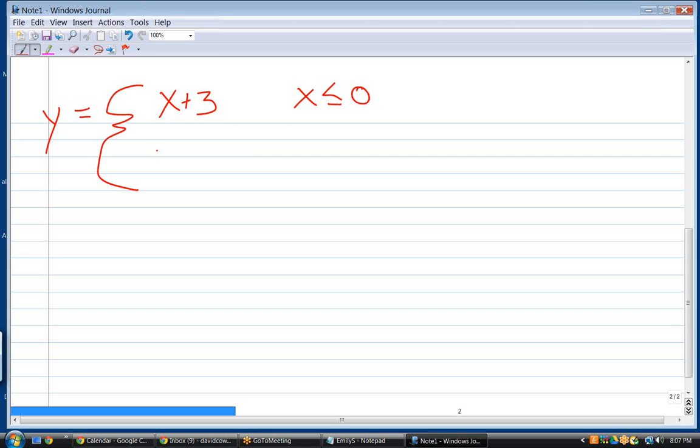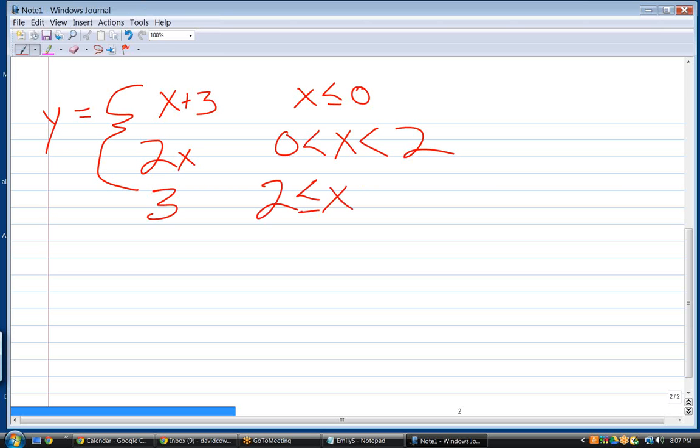And the second one? 2x if 0 is less than x, which is less than 2. The way I would verbalize that, instead of starting with the 0, say x greater than 0 and less than 2. And then is there a third one? Yes. 3 if x is greater than or equal to 2.